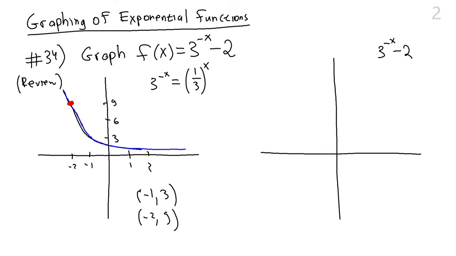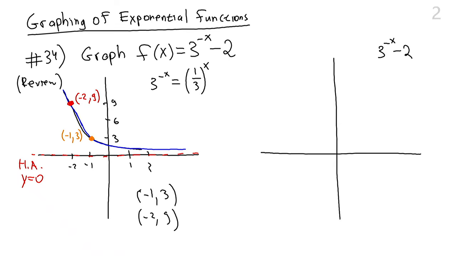So this point on it is -2, 9, and another point on here is the point -1, 3. I also have a horizontal asymptote of y equals 0.